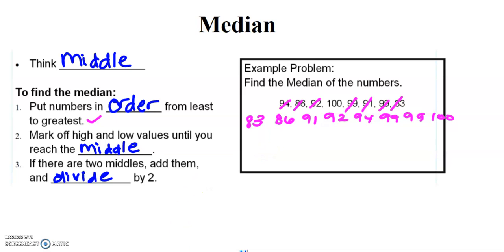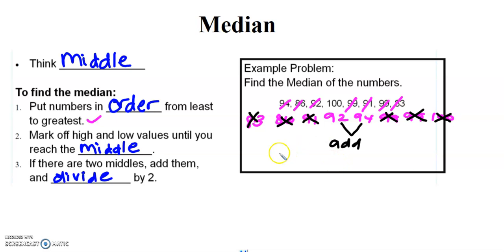Next, I need to mark them off. And when I mark a small one off, I also need to mark a large one off. And you're just going to keep doing that until you reach the middle. So I have 2 on both sides, 3, and then now I get to the middle and I have 2 numbers left. I have 92 and 94. So I want to add those together because I have 2 left.